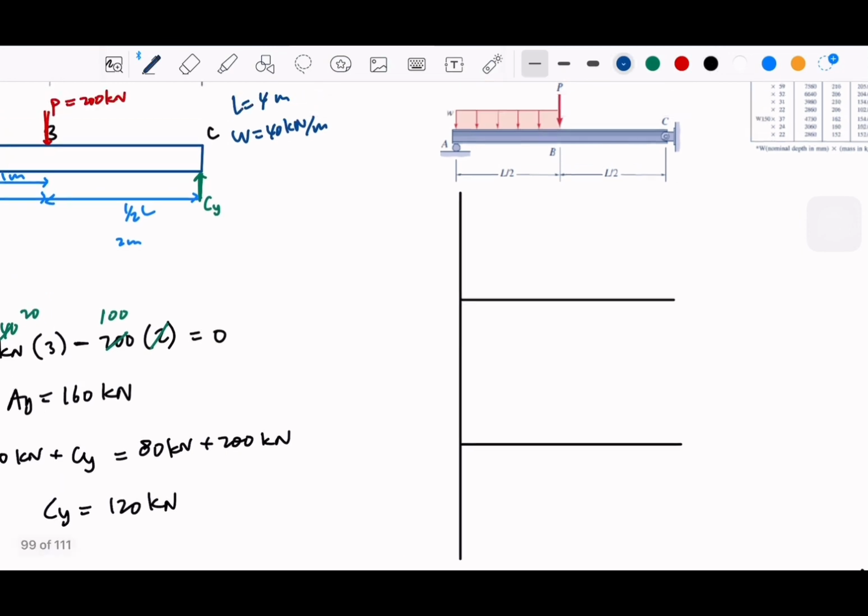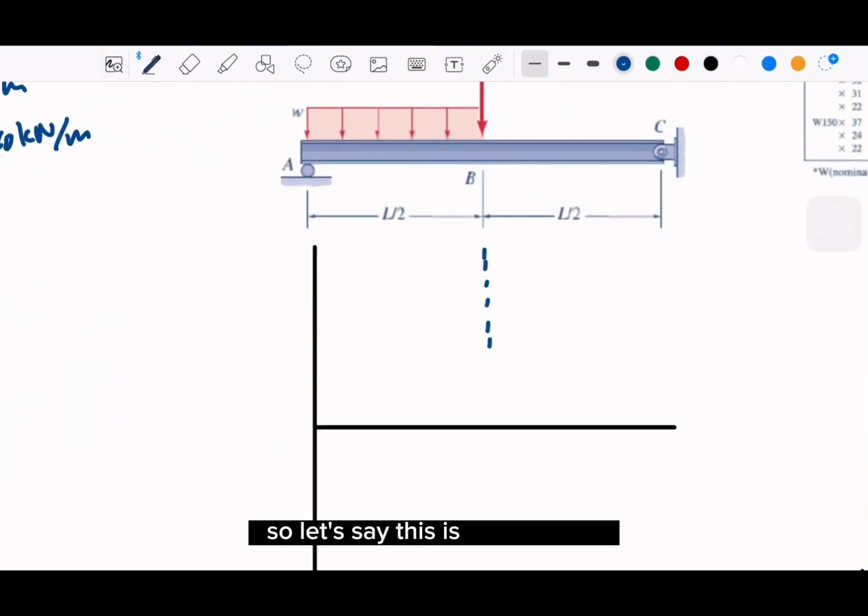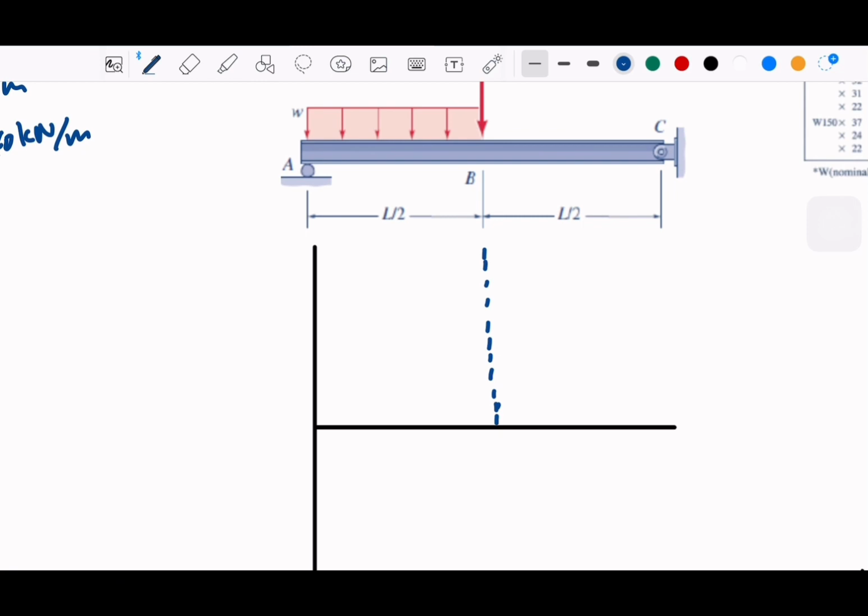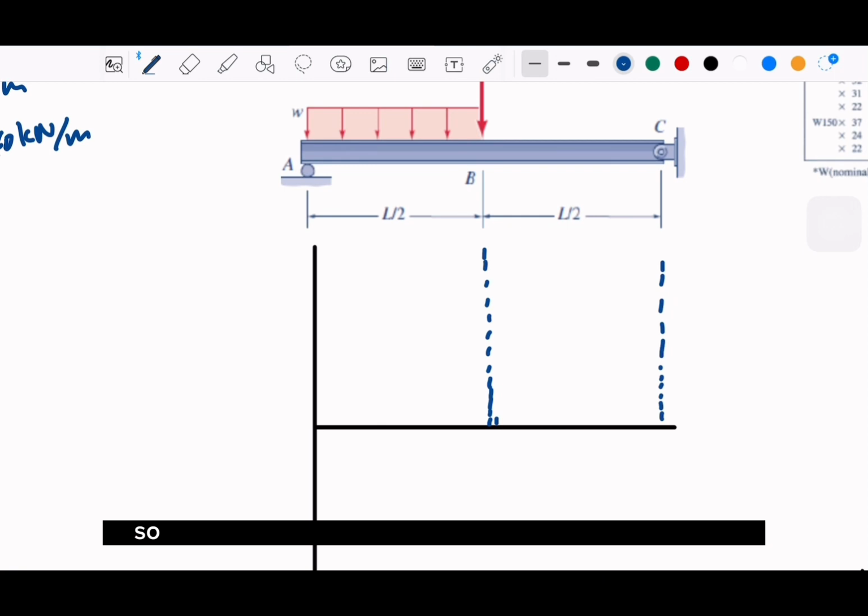So let's say this is L over 2, this is another L over 2. First, AY is 160, so perhaps that is going to be here.